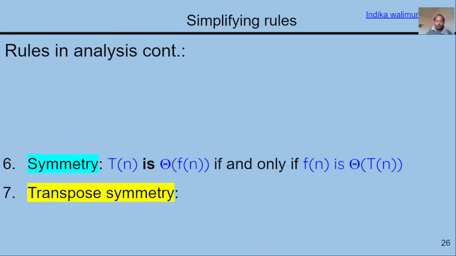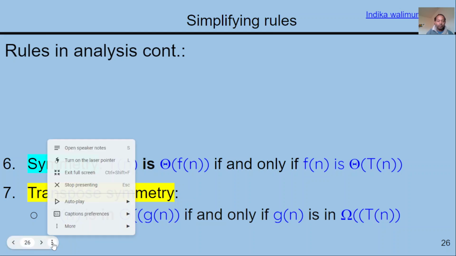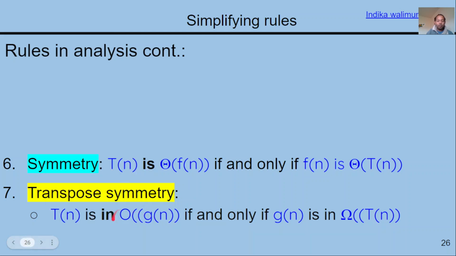Symmetry, and then there is transpose symmetry. So if T(n) is in big O of G(n), then G(n) is in big omega of T(n). So if T(n) is in big O of G(n), that holds only if G(n) is in big omega of T(n).